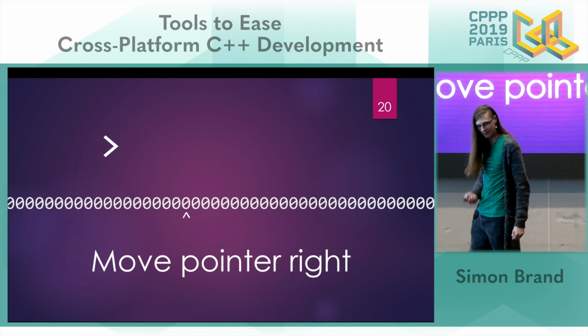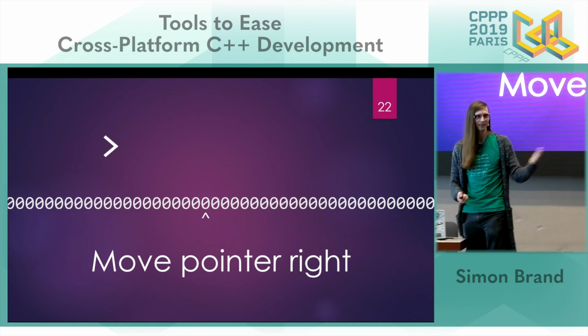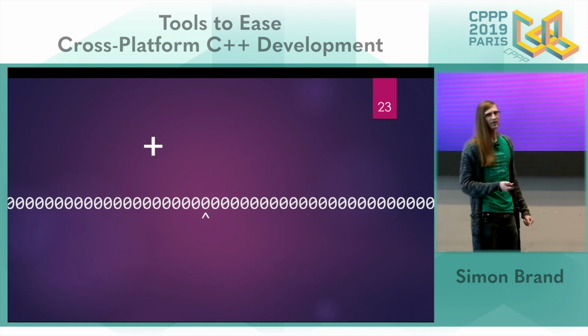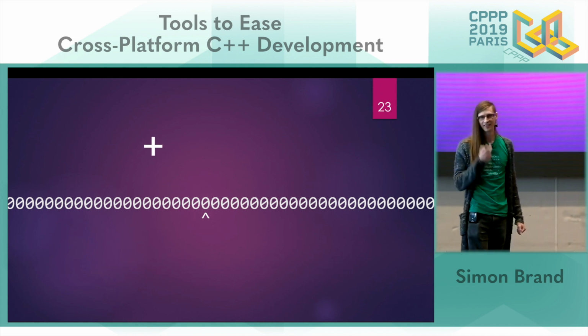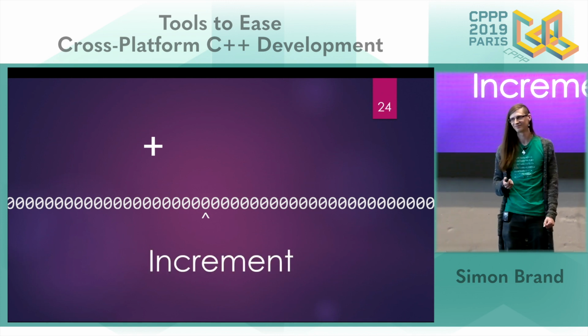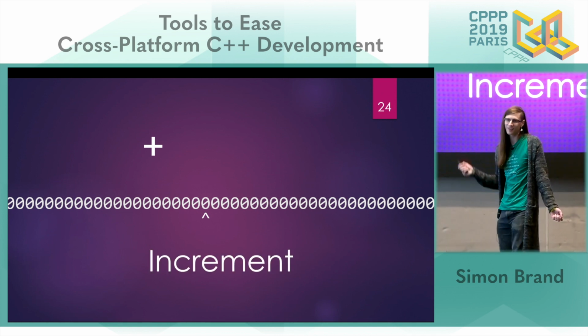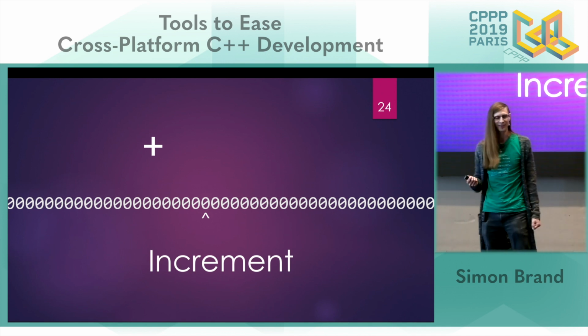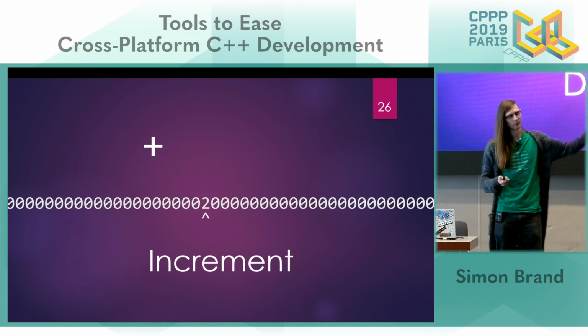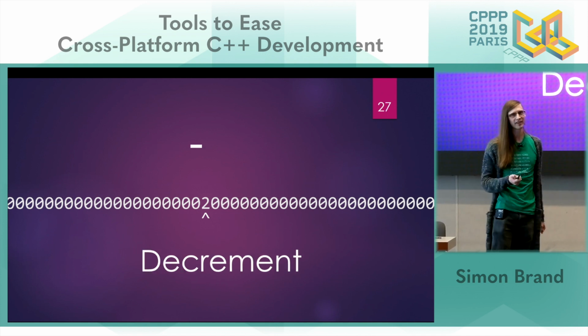So we can keep on stepping, and eventually we get back to where we started. How about this one? Any ideas? Increment. Yep. So this language looks weird, but it's actually pretty sensible in a lot of ways. We can just increment whatever we're pointing at. And if we want to decrement it, we use the minus instruction.